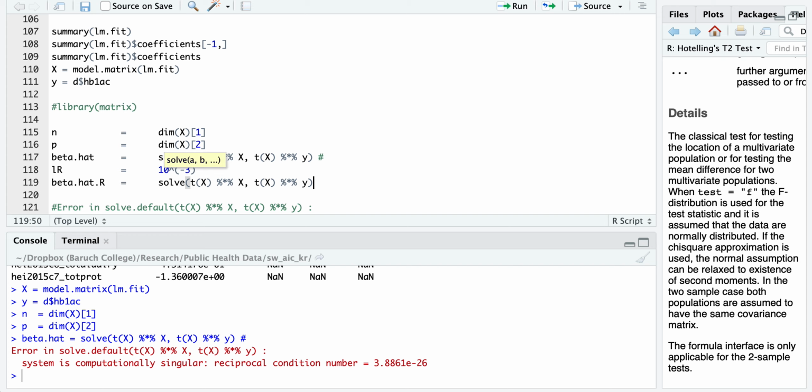Now what do we need here to make this ridge?